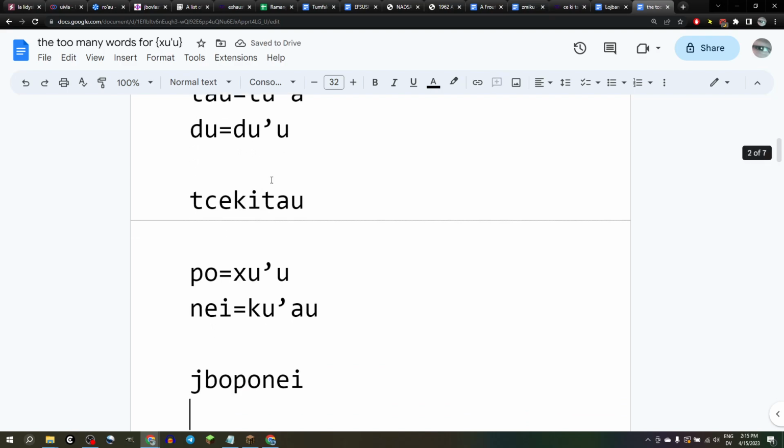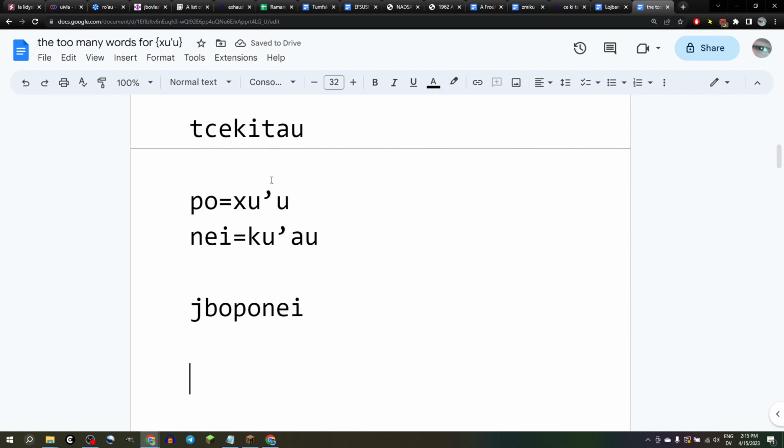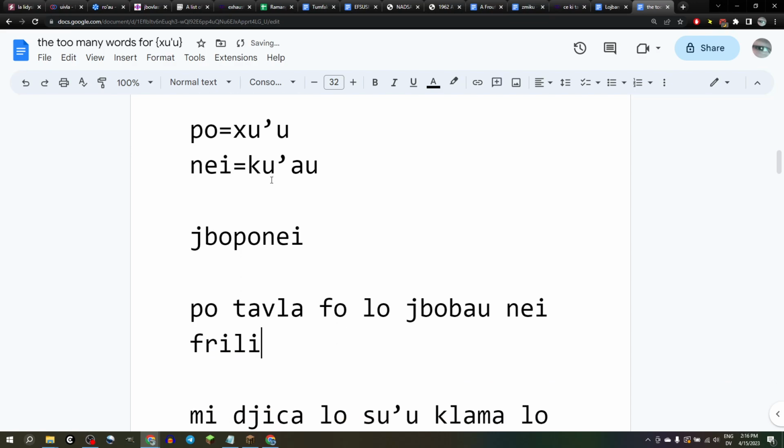It's just these two substitutions. I called that jboponei. Talking with those two substitutions is called jboponei, which is not like the name of a different language or dialect. It's a name for using those two words. And I made a little speech bubble. To speak in Lojban is easy.